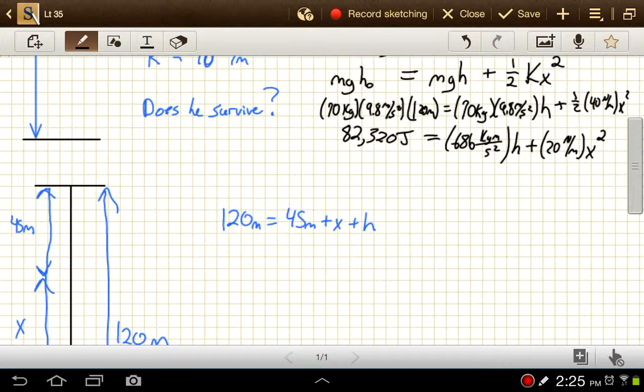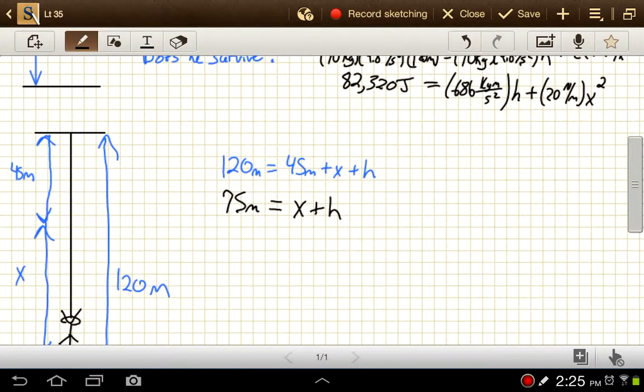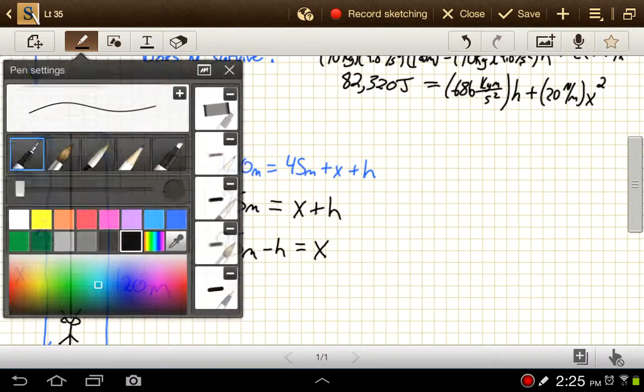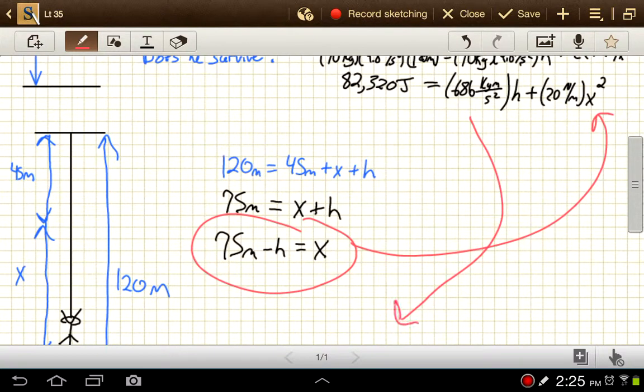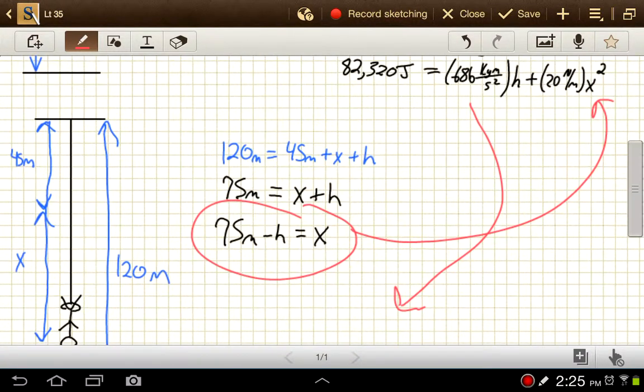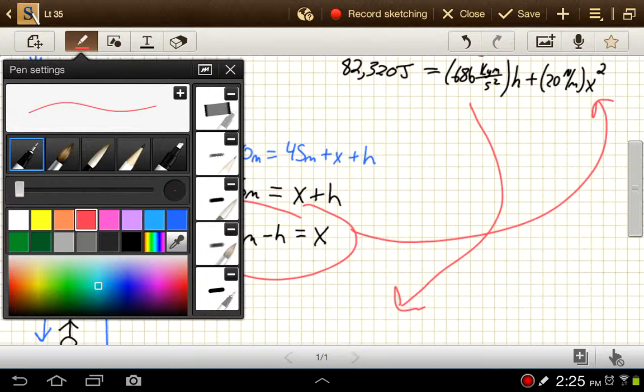So I'll subtract the 45 from both sides, so I get 75 meters is equal to x plus h, and then if I want x all by itself, we'll do 75 meters minus h is equal to x, and then that is going to get plugged in for x right here. And I'm running out of room, so I'm just going to move the whole thing down here. And let's see what we've got now.